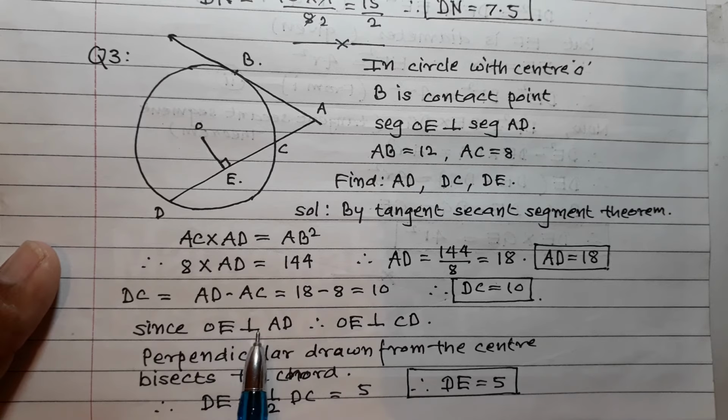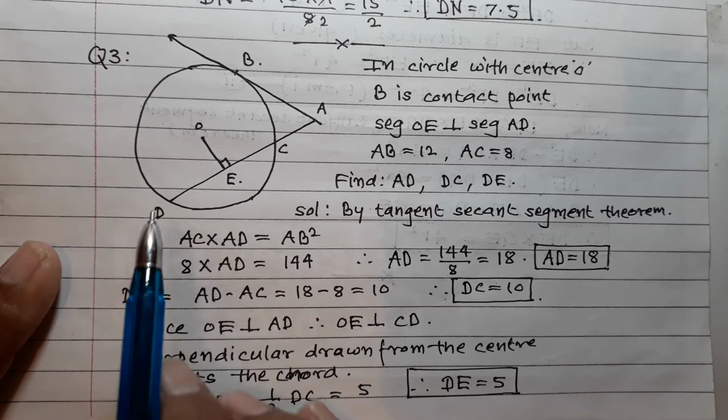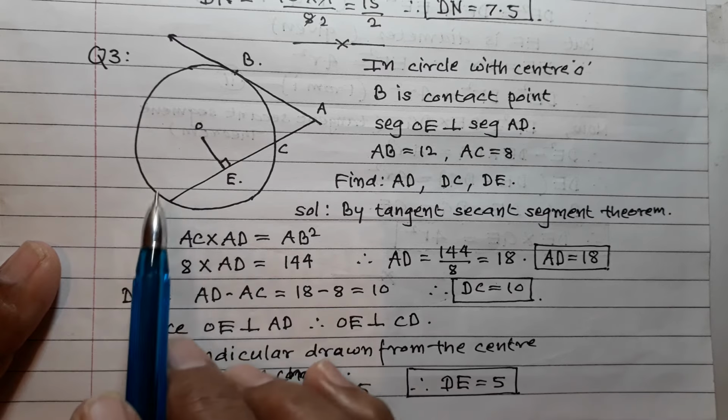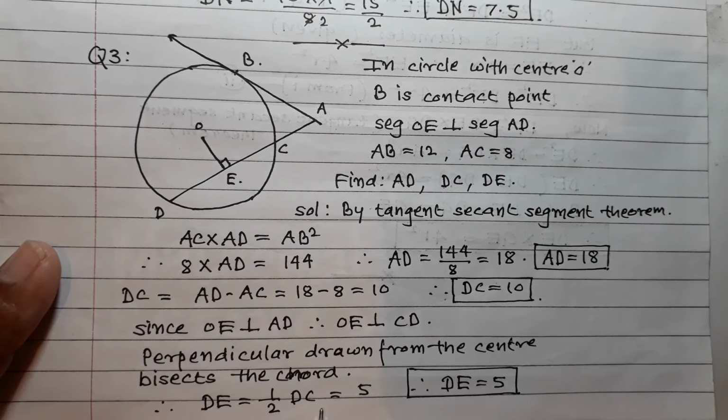So since OE perpendicular AD and therefore OE perpendicular CD chord, and perpendicular drawn from the center bisects the chord, and therefore DE is equal to 1 upon 2 DC is equal to 10 upon 2 is equal to 5, and hence DE is equal to 5.